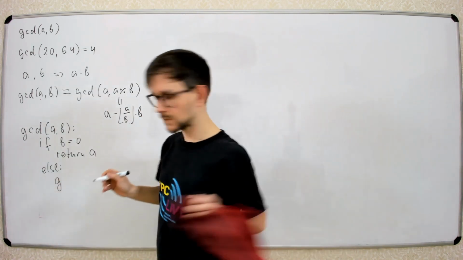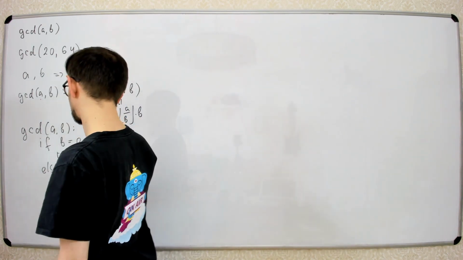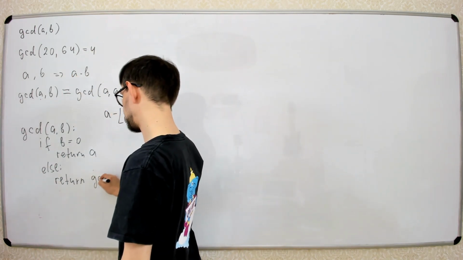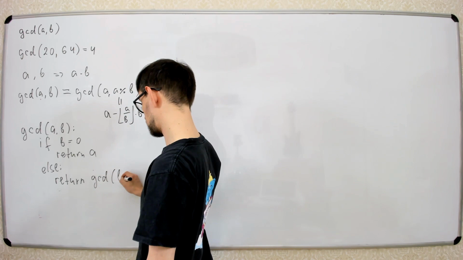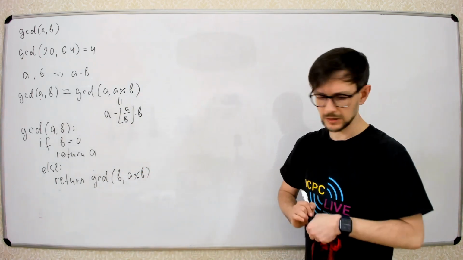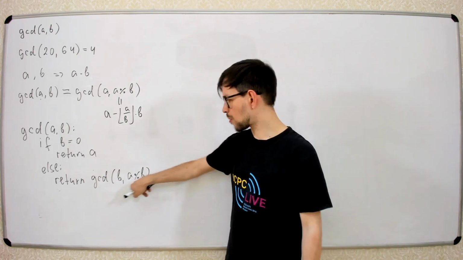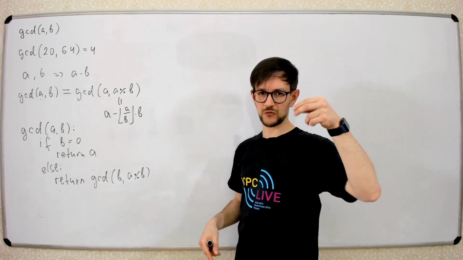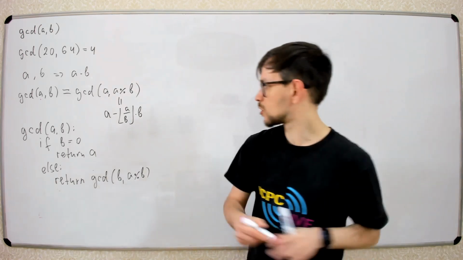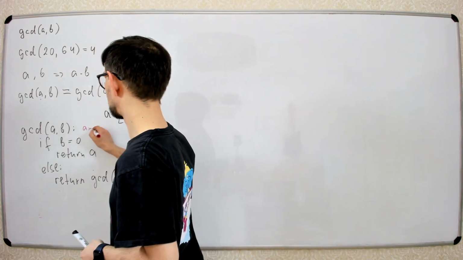Let's say return GCD of b and a modulo b. Here I just swapped them because I want the first operand to be greater than the second operand. So I want to maintain the property that a is always greater or equal than b.